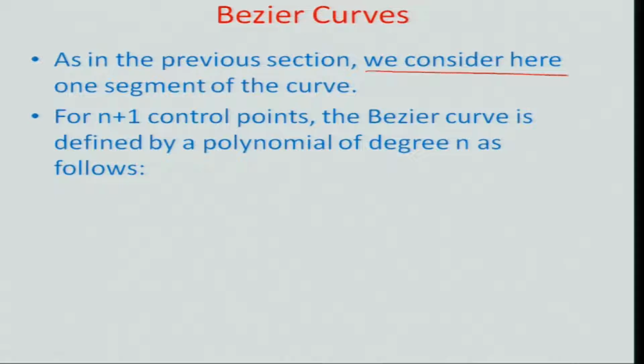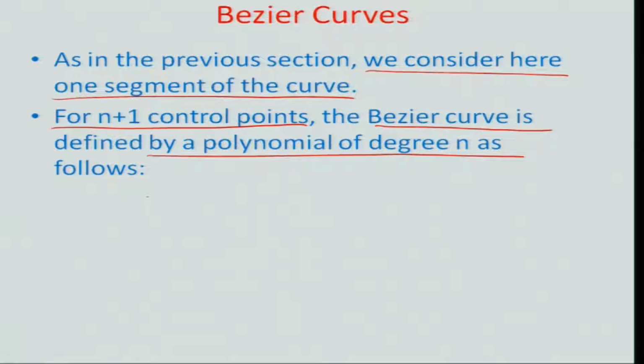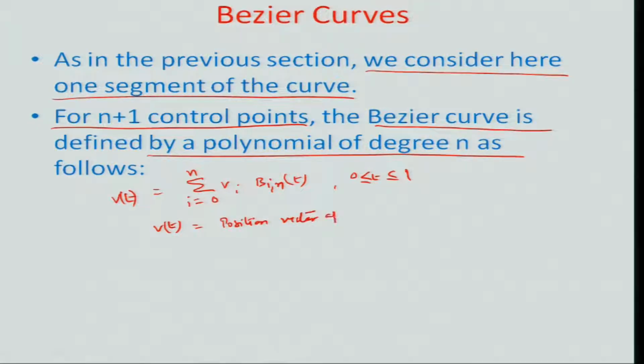We consider here one segment of the curve, and for n plus 1 control points the Bezier curve is defined by a polynomial of degree n, which is written as V(t) equals sigma i varying between 0 and n of Vi Bi,n(t), where t is the parameter, which varies between 0 and 1, and V(t) is the position vector of a point on the curve segment.